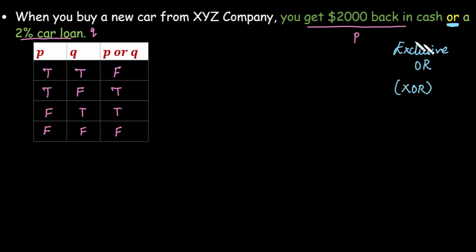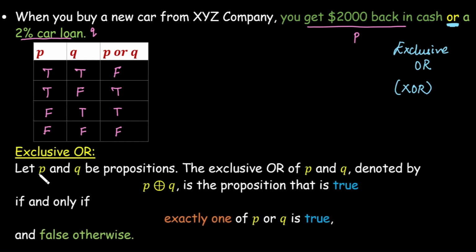So the definition of exclusive OR is: let P and Q be the propositions.